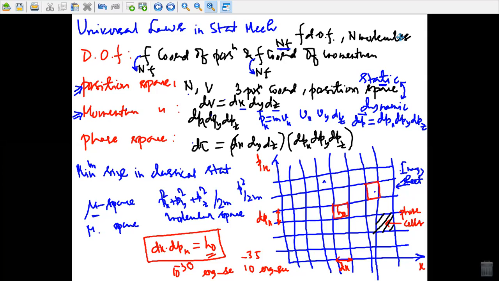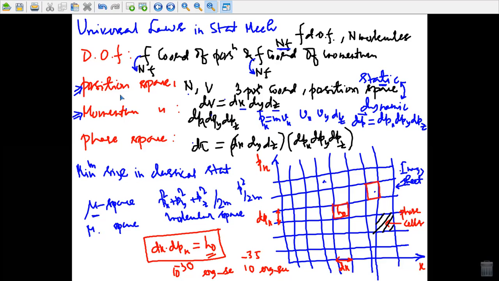We then say that a system comprising one molecule has f degrees of freedom, and if there are N molecules in the system, the energy expression for the system has Nf coordinates of position and Nf coordinates of momentum. Thus the system has Nf degrees of freedom, right?